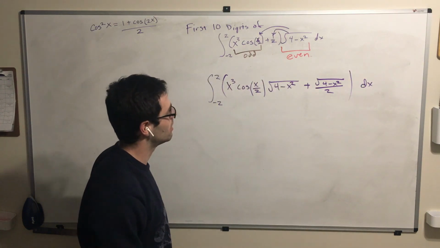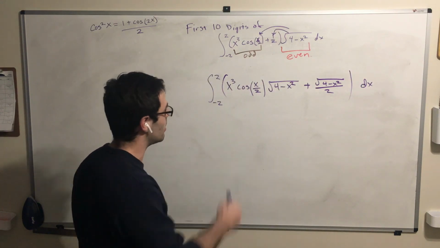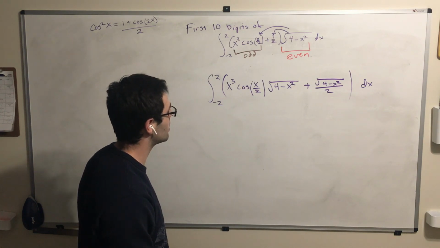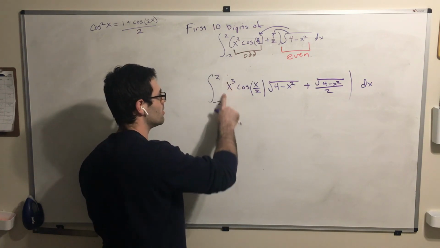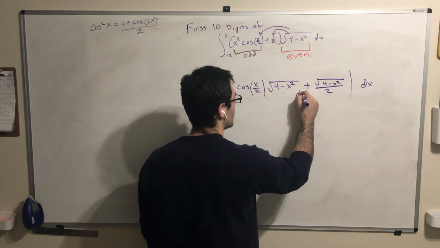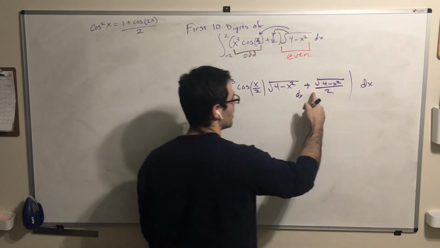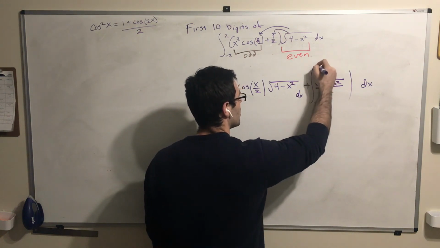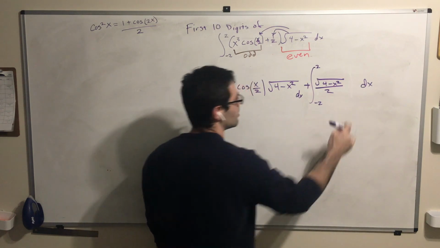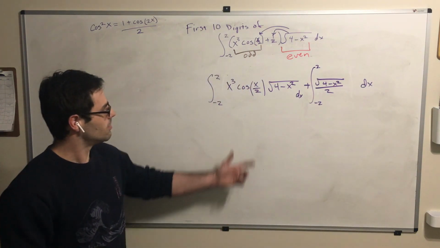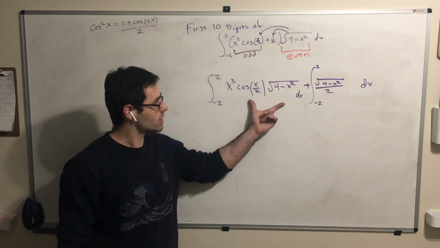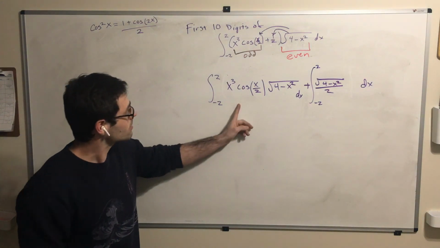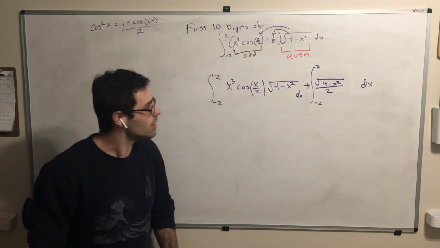Okay. And if I split this up, really what I should be doing here is take this as an integral and this as an integral. And let's first evaluate this one on the left. So this is where even and odd comes in.